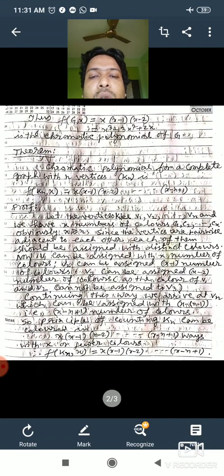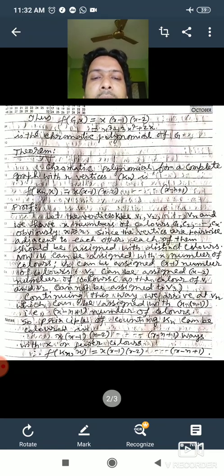Now continuing this process, we arrive at vn, which can be assigned x minus (n minus 1) number of colors, that is x minus n plus 1 number of colors.